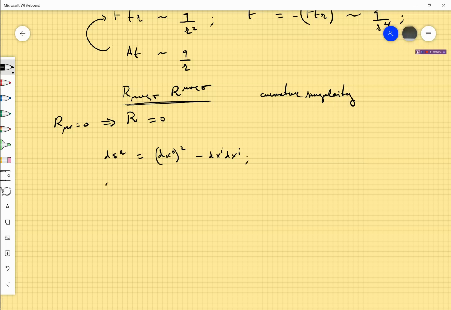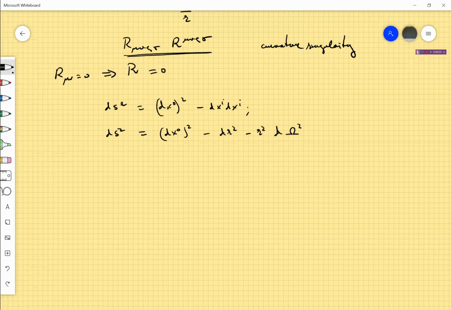But if you rewrite it in spherical coordinates, what you find is x0 squared minus dr squared minus r squared d omega squared, and clearly at the origin, at r equals 0, the metric is singular, the determinant is 0, and it cannot be inverted.